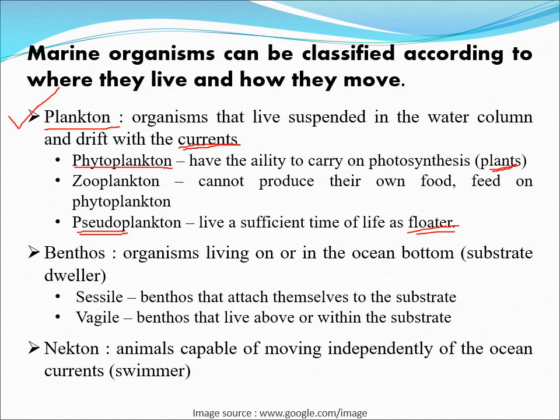The second group is benthos, or you may call it benthic, or you may call it benthonic. So benthos, benthic, benthonic are all same. Benthos means bottom dwellers or substrate dwellers. That means organisms living on or in the ocean bottom. So all the organisms living inside and at the top of the substrate, they are all known as benthic.